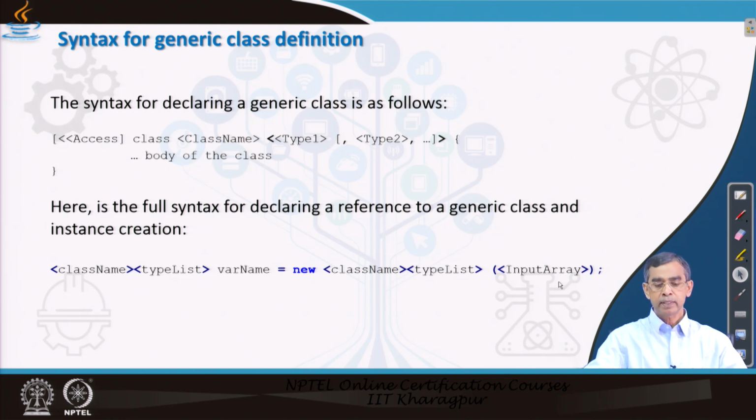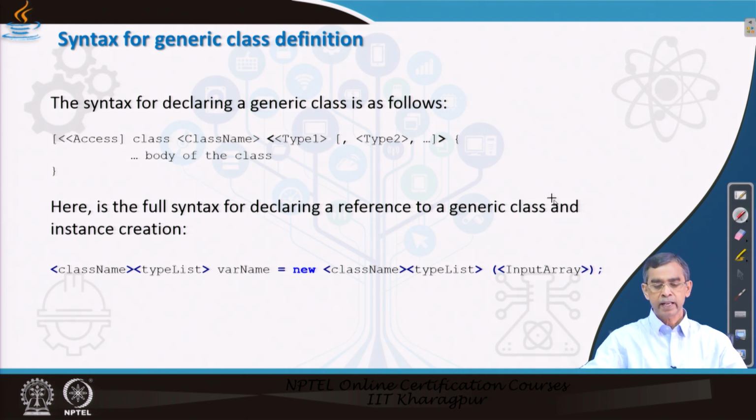The syntax for this is very similar to the concept of defining a generic method. So, what we can do is that a class can be declared as generic by specifying a template for it.